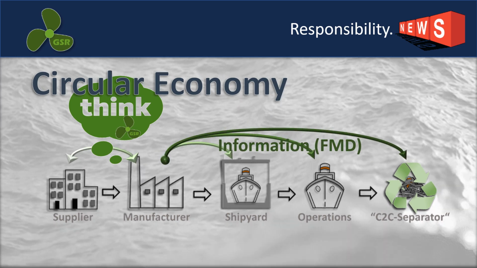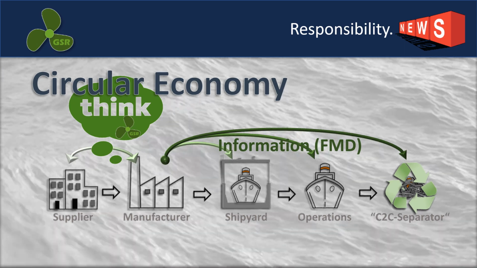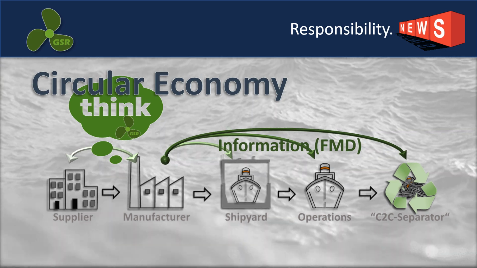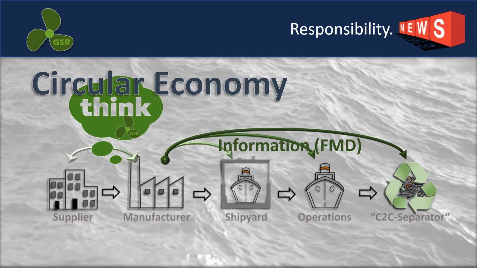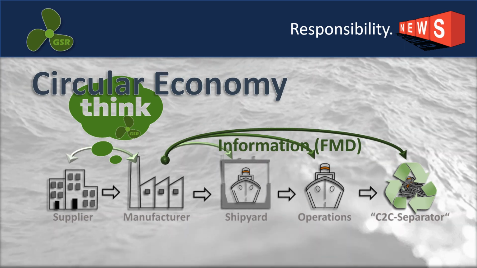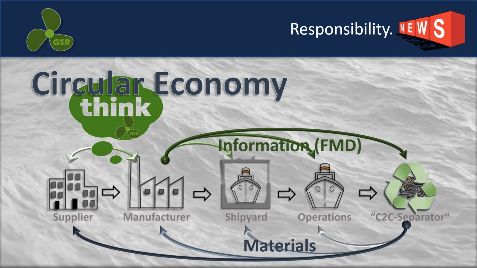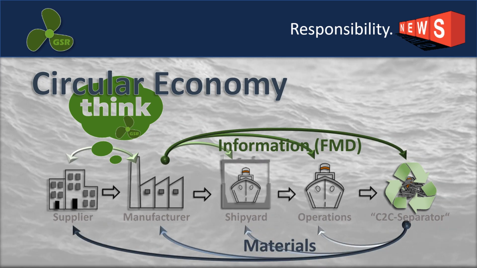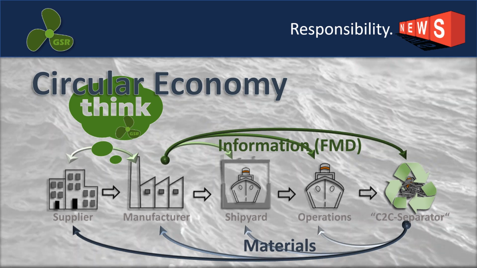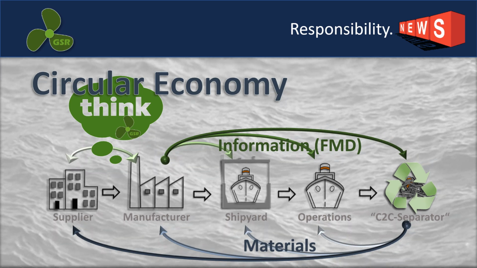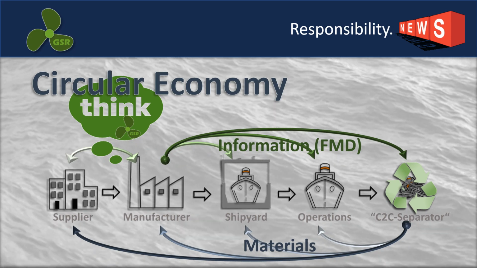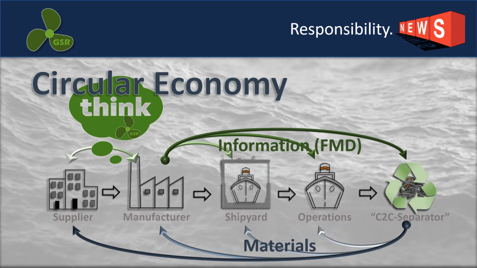This information is then made available to the shipyard, to the ship in operation for the IHM maintenance, and later on to the ship recycler, who we now call cradle-to-cradle separator. His task is to evaluate the data, to segregate the different materials from the ship and to redistribute them to the life cycle, also of other industries, not necessarily only the maritime industry. He can recirculate these materials to suppliers, to manufacturers, to shipyards, ships in operation, or any other industry.